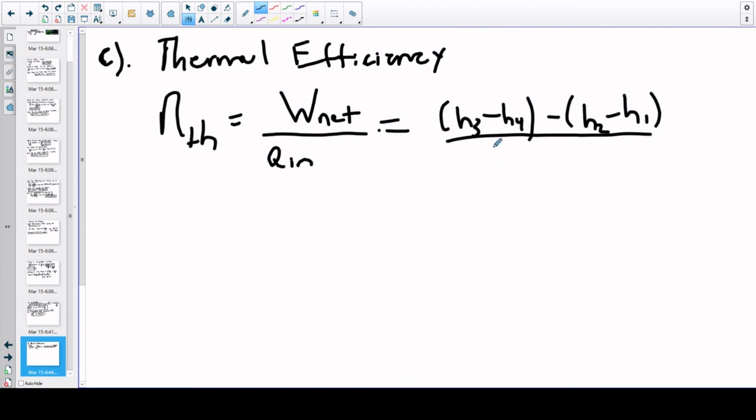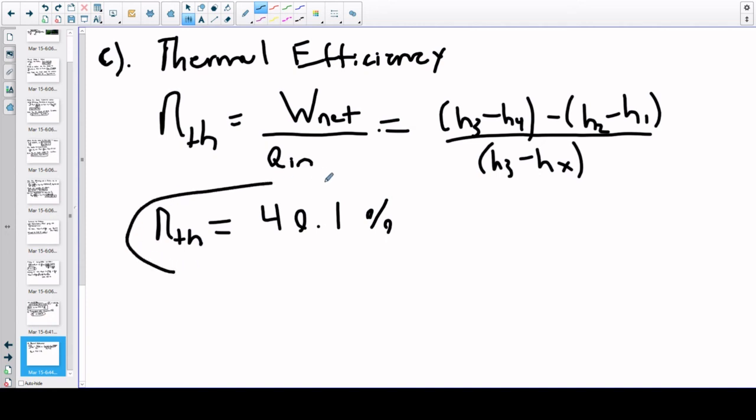I even checked to make sure it's the same answer, and it was. I did it using their answer and mine, and I got the same thing. So if I'm wrong, just let me know. This is just your simple thermal efficiency equation, and you get a thermal efficiency of 40.1% when you insert all the H values.